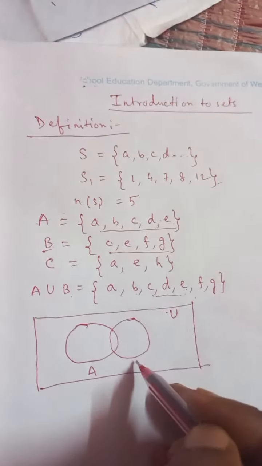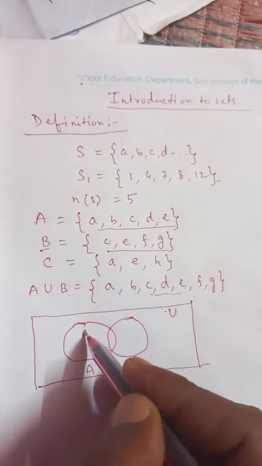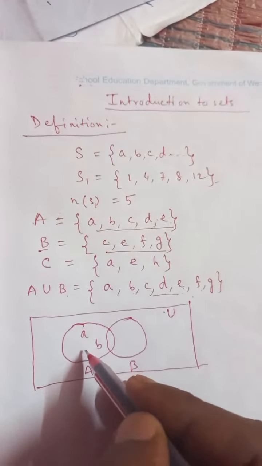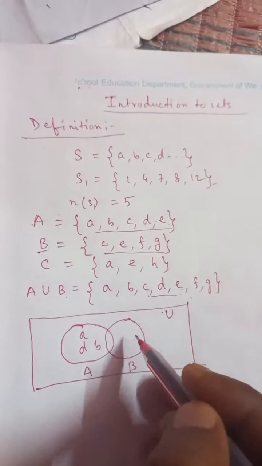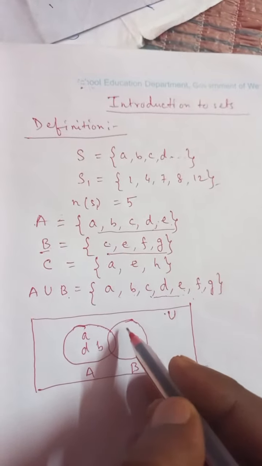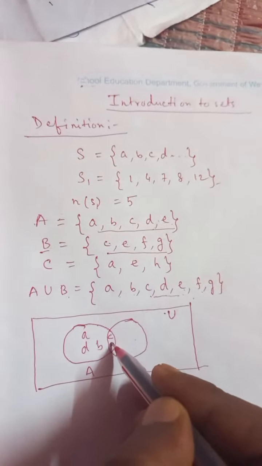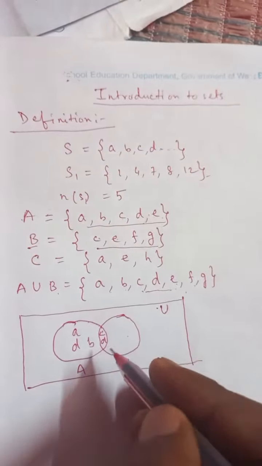This is the set B. Here A, B and D elements are not in the set B, but C and E are common elements. These come in both the sets.